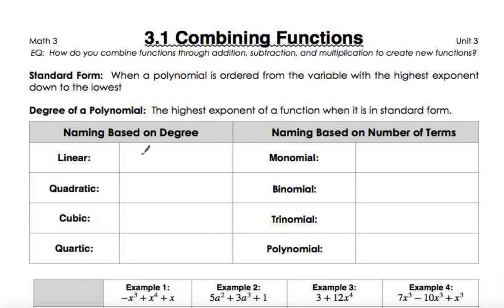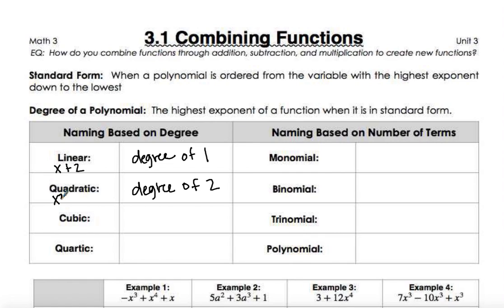So a linear means that it has a degree. Remember, a degree is your highest exponent of 1. So an example of that would be something like x plus 2. A quadratic has a degree of 2.